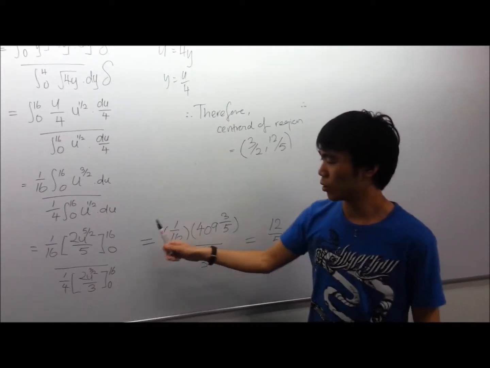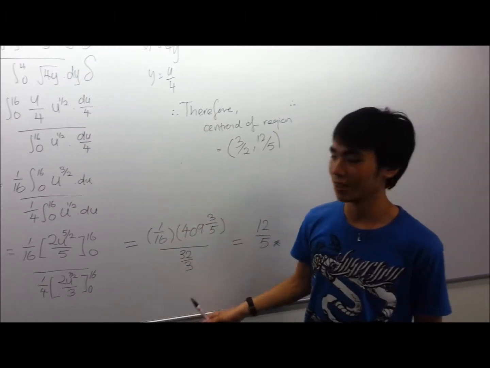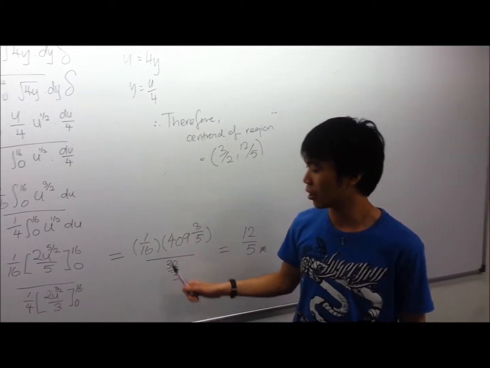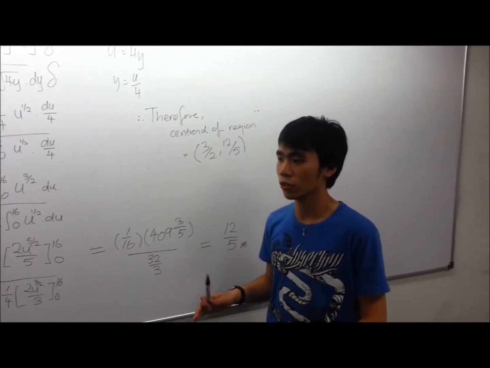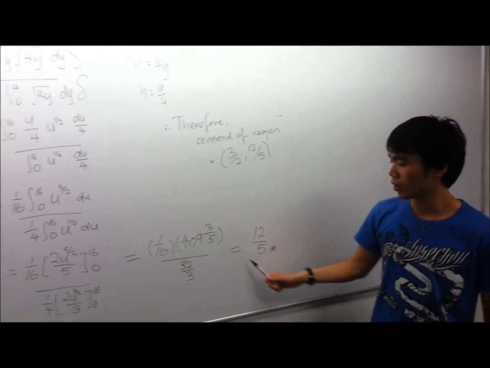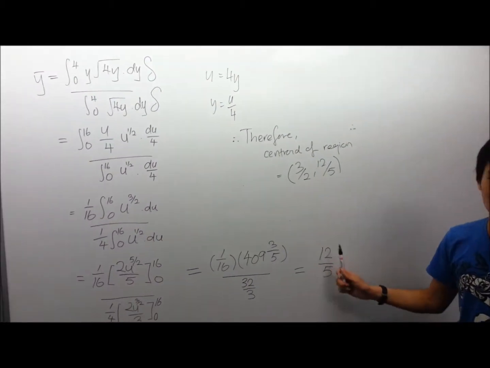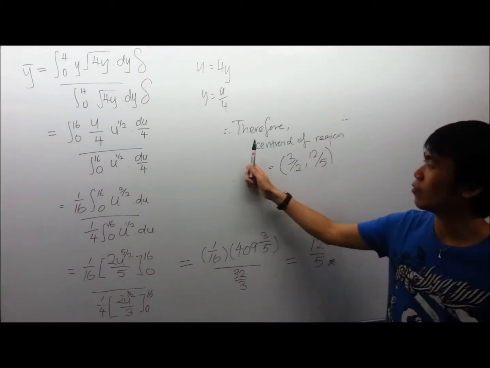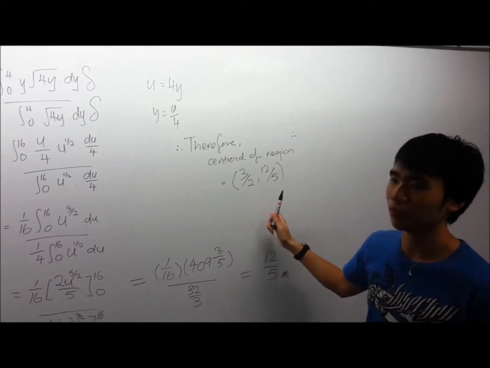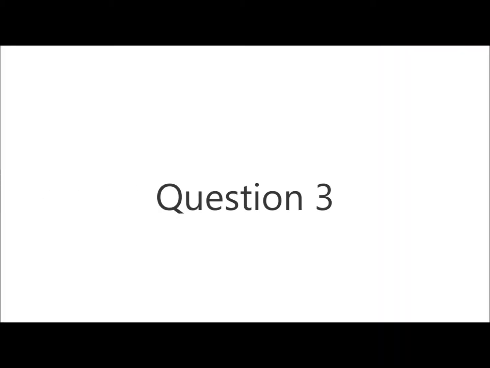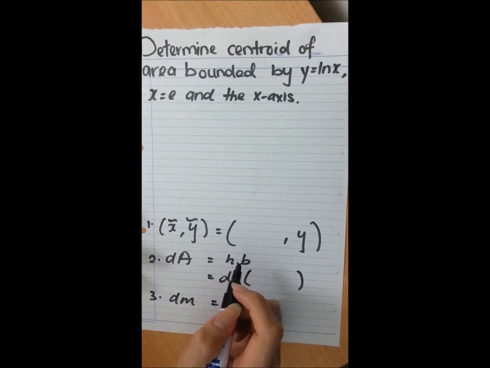Don't worry if you get a large figure like that, because eventually they'll cancel off since your denominator would probably be a bigger value. So you end up getting quite a small value instead. Therefore, I conclude that the centroid for this region is 3 over 2 and 12 over 5.